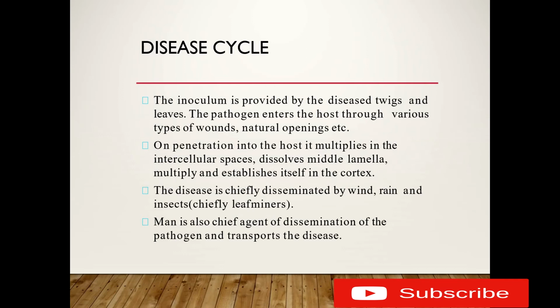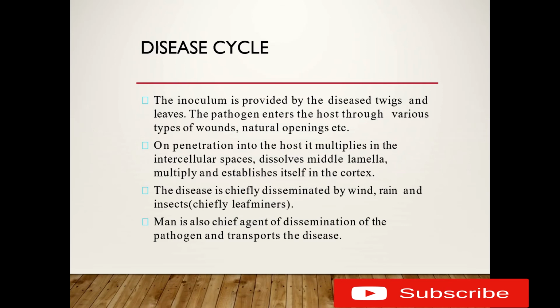On penetration into the host, it multiplies in the intercellular spaces and dissolves the middle lamella, and establishes itself in the cortex. You know that in the structure of the cell wall there is a cementing substance known as the middle lamella.